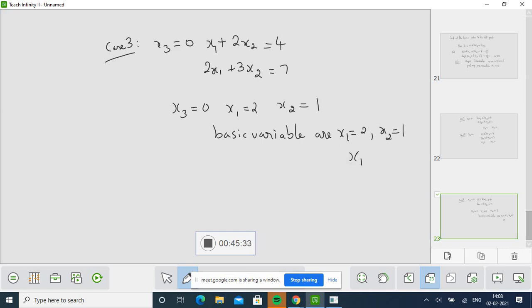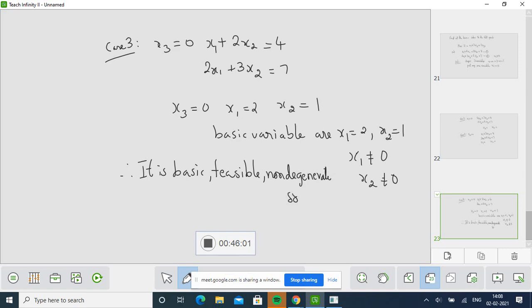So x1 is not 0, x2 is not 0, therefore it is a basic, feasible, non-degenerate solution. Any problem? Only if you know your definitions, you can answer the questions.